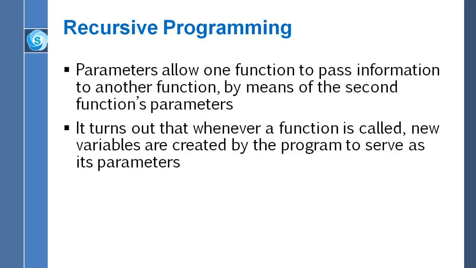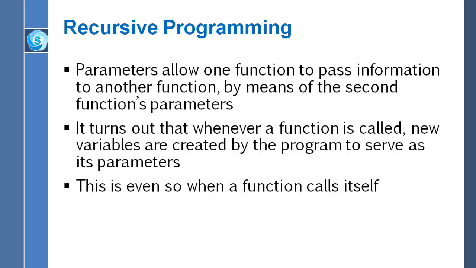Okay? We don't need to get into the nitty-gritty of how this all works, but suffice it to say that when a function is called, its parameters get created, and then when that function returns, those parameters disappear.